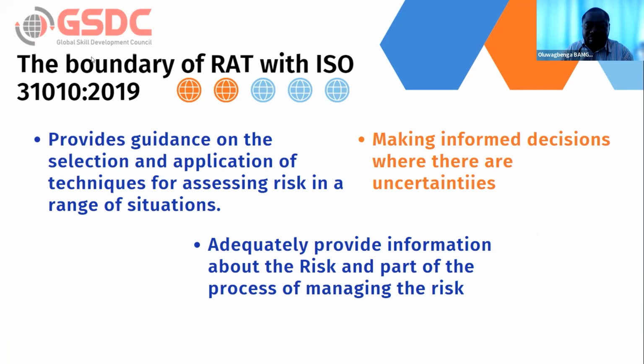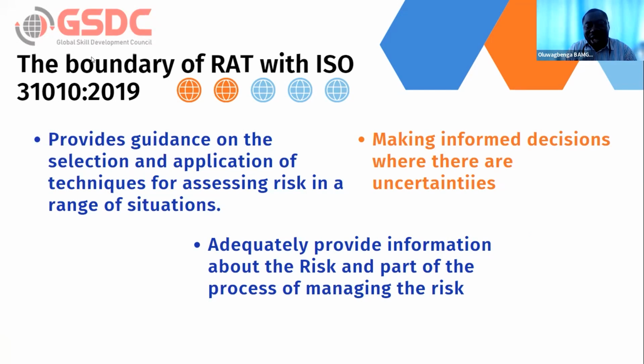From the techniques you adopt, for example, a bow tie, you can actually take a decision based on whatever is being represented to depict the true nature of the uncertainties that you have within the enterprise.